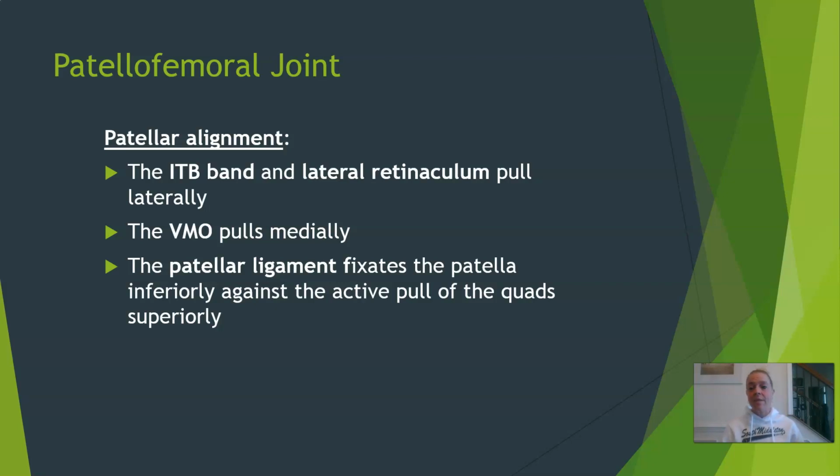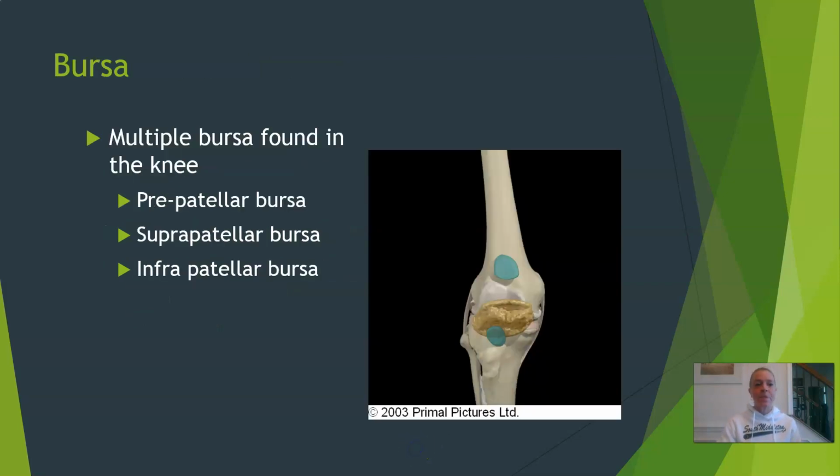And so there can sometimes be an imbalance between those structures, especially if the VMO gets weak, right? If the VMO is weak, those lateral structures are going to tend to pull the patella more laterally. And so that's going to cause the patella to come out of that groove or shift more towards the lateral side of the knee. So we'll talk about that when we get into some of the patellofemoral dysfunctions a little bit later on.